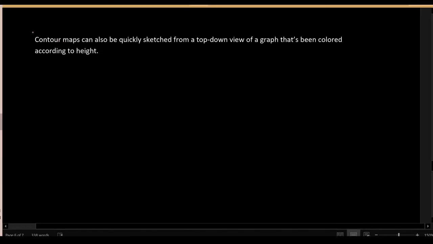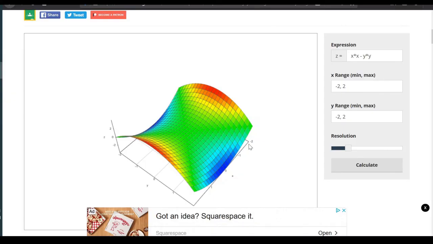Now, one of the nice things about the 3D surface plotter in particular is that because those graphs are color-coded according to the point's z value, it can be really easy to get a contour map by looking at a top-down view of that 3D surface plotter graph. For example, here I am on 3D surface plotter looking at the graph of the hyperbolic paraboloid.